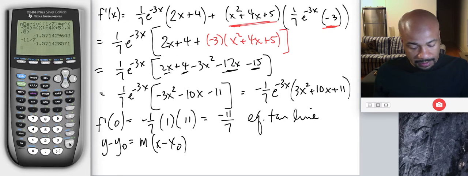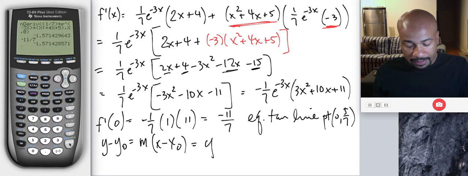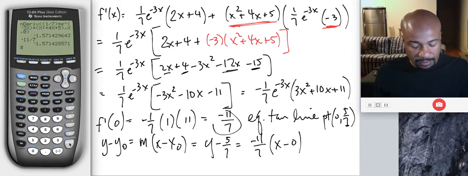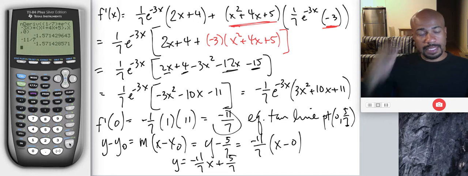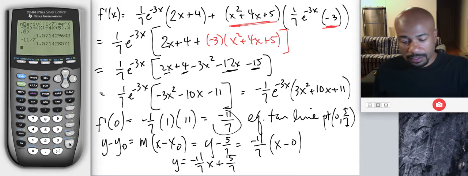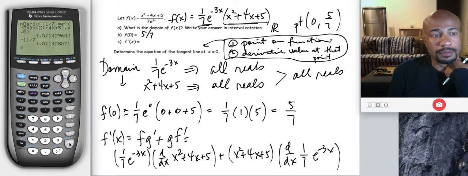So let's put the point 0, 5/7 here too, because you need these two. So your answer is y minus y0, so that's this value, 5 over 7, is equal to the slope, negative 11 over 7 times x minus 0. And actually, you can just simplify it. Negative 11 over 7 x, take the 5/7 to the other side, plus 5/7. Right, so that's your work right here for the first problem.